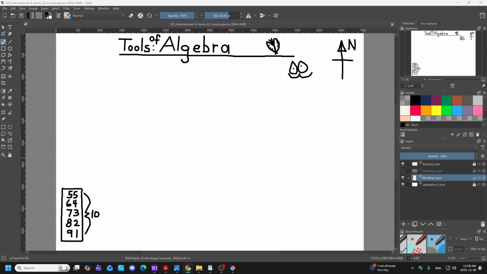Express each percent as a fraction. Okay, let's do this. 107%.